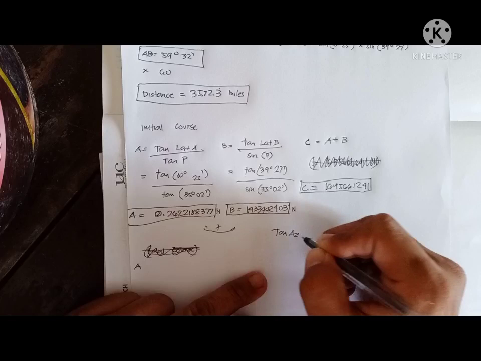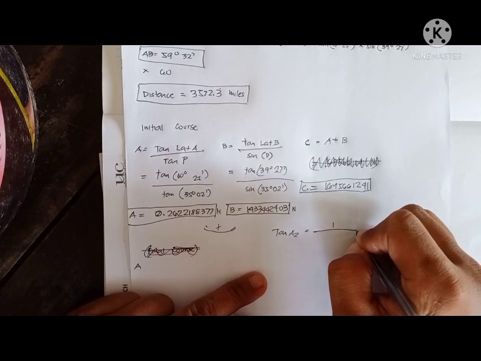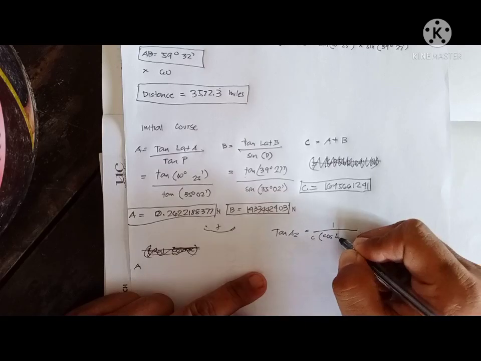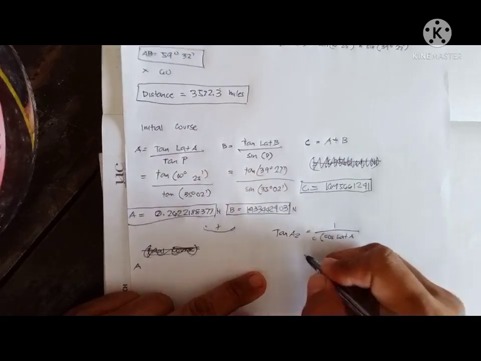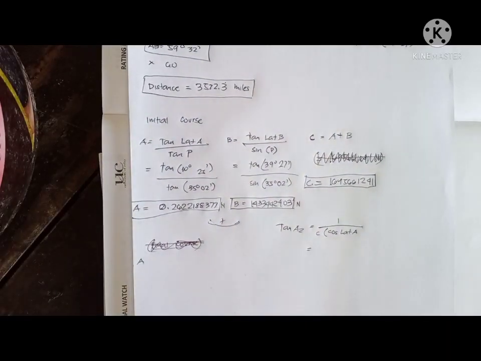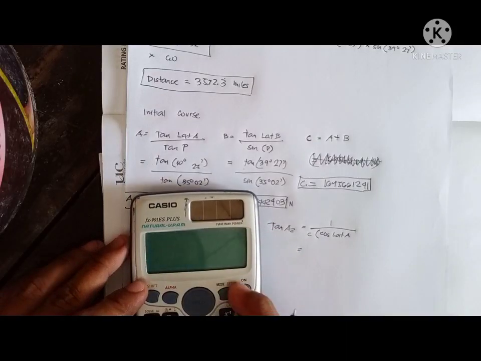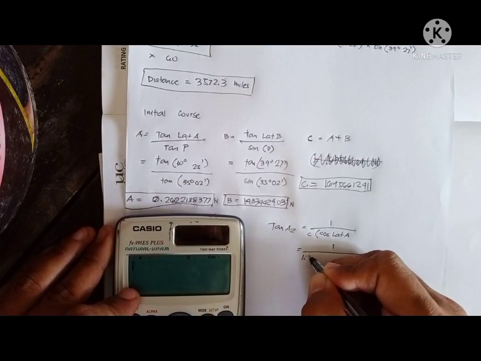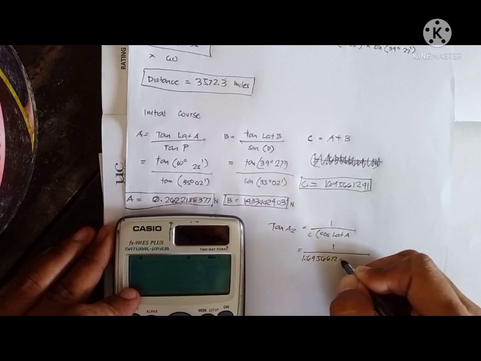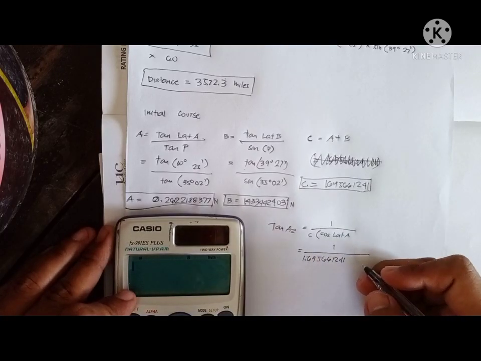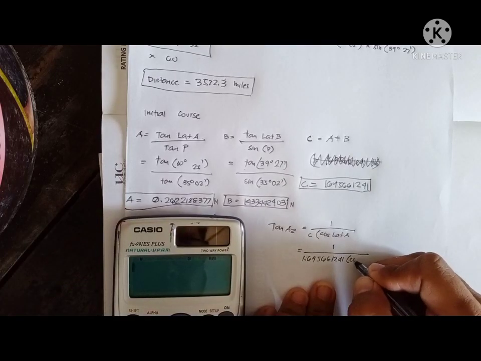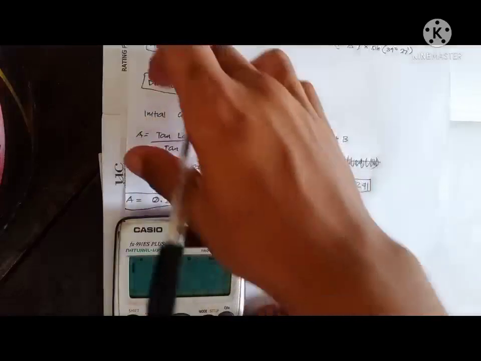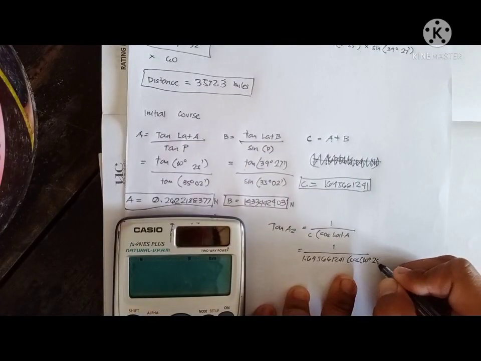Tan AZ is equal to 1 over C times cos lat A. So substitute 1 over C, which is 1.69566141, times cos lat A, where lat A is 10 degrees 25 minutes.